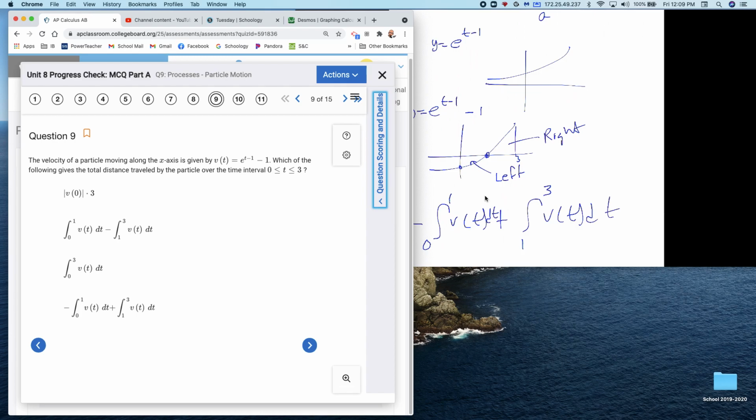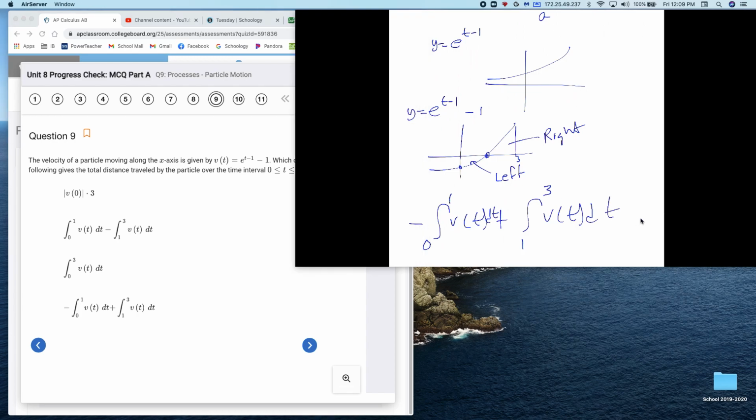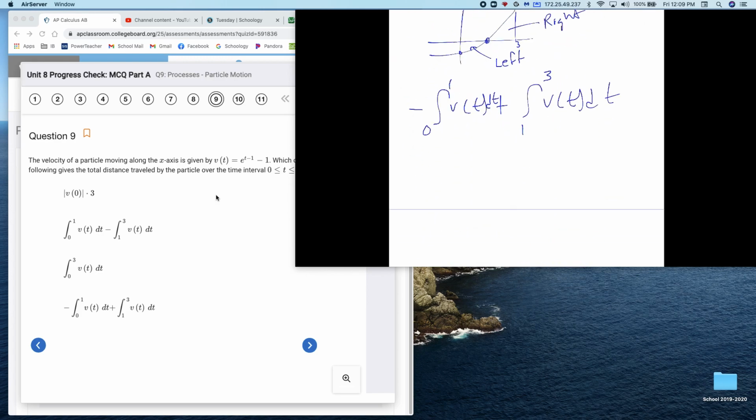So that's why that turns out to be the answer on that one. You got to think about what that looks like, and it does require a little knowledge that this is an exponential growth function that would look like this, and then realizing that the -1 shifts the graph down, so then we end up with this kind of a solution. Okay, so that's number 9.